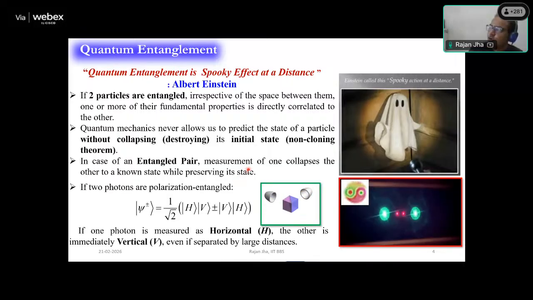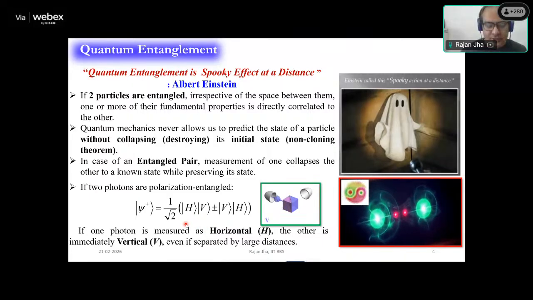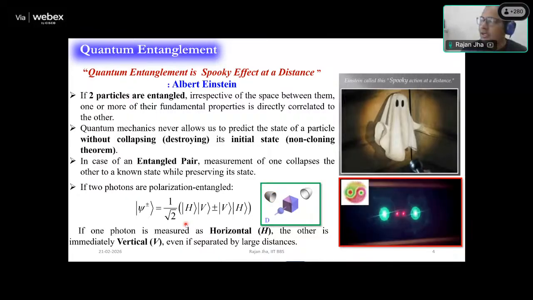So generally, we will be talking more from the photon point of view. Photons exhibit certain properties, all of us know that.